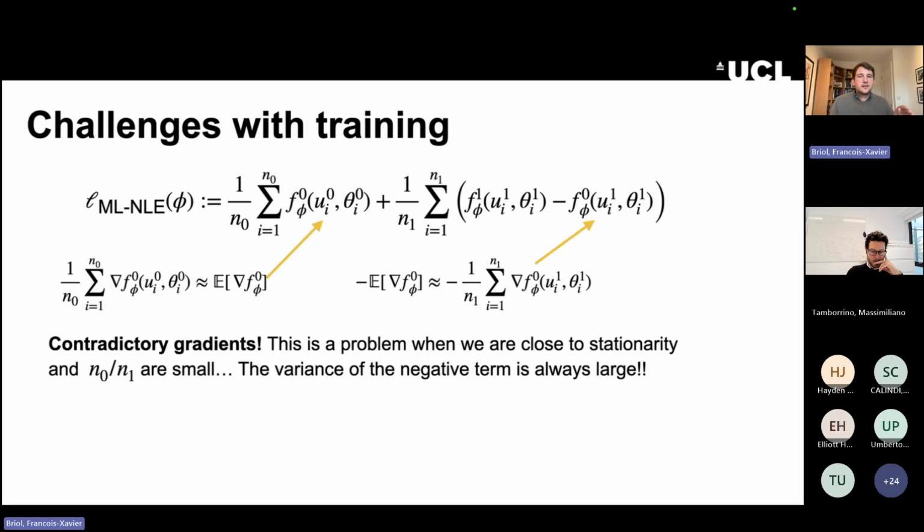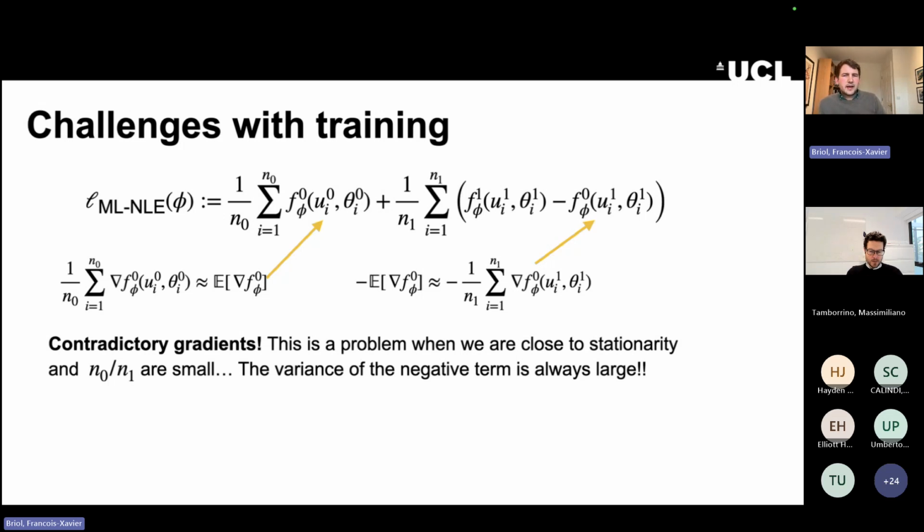So there'll be what I can informally call contradictory gradients: the first part pushes one direction and the last part pushes the other direction. That wouldn't be a problem if both N0 and N1 were very, very large, because we'd basically be back to using the expectation, and the 2 terms would cancel each other. That's the whole point of these telescoping sums: the terms cancel each other.